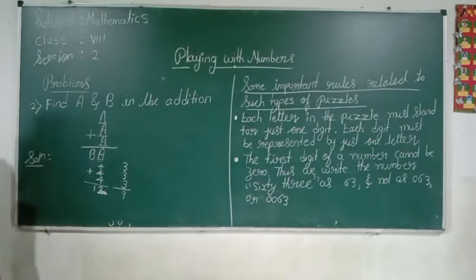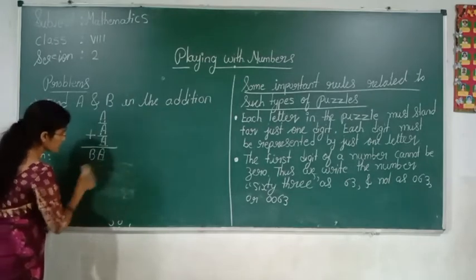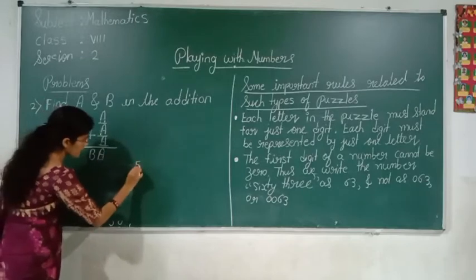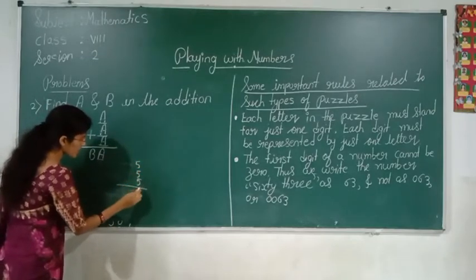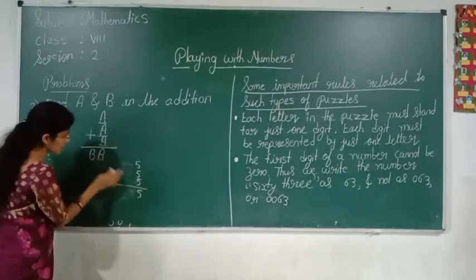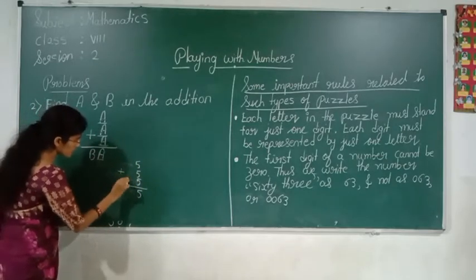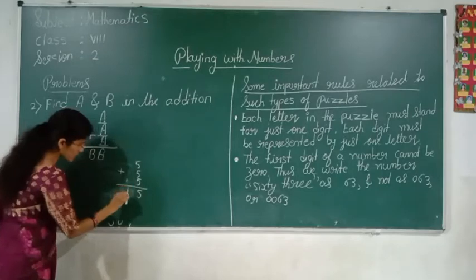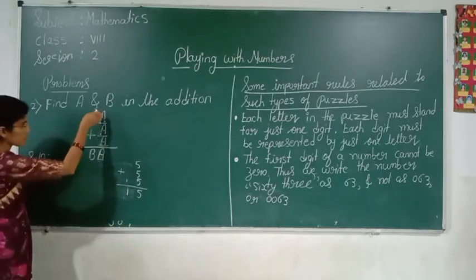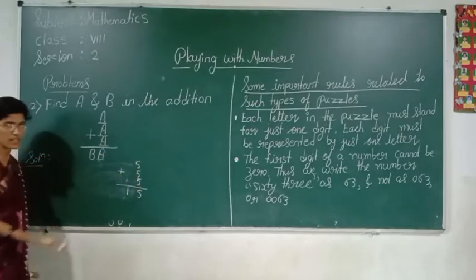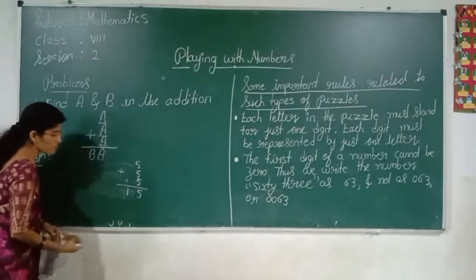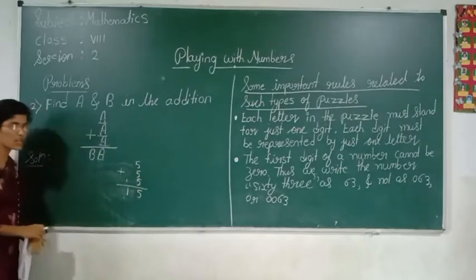We will check for 5. 5, 5, 5. 5 plus 5 is 10, 10 plus 5 is 15. Now see here, it is coming the same. Okay. Here the B value is 1, and we want the same A. What is the rule? We have to substitute a digit here.